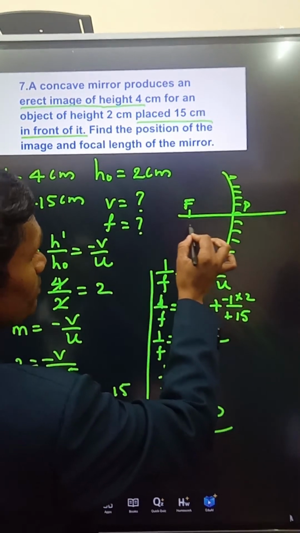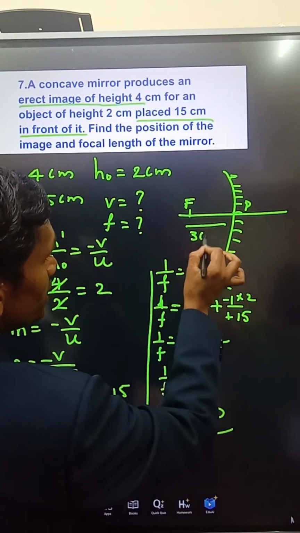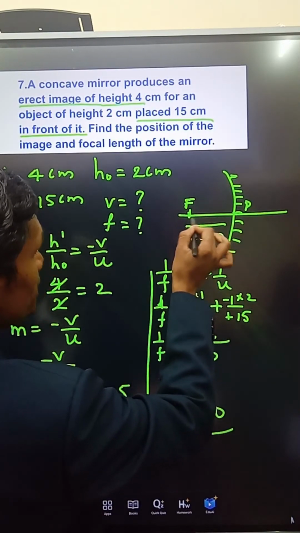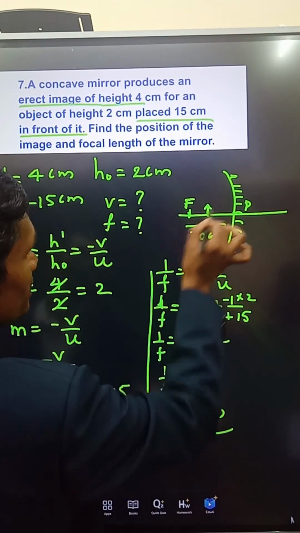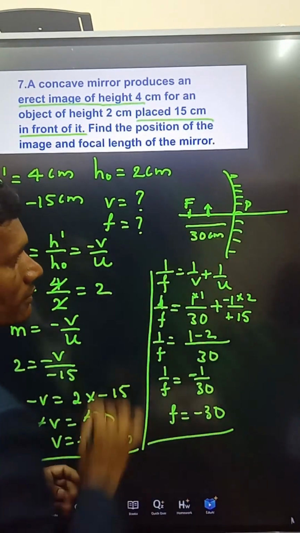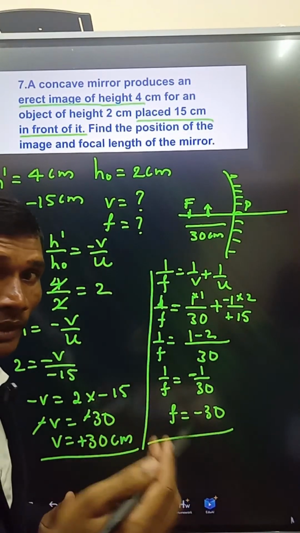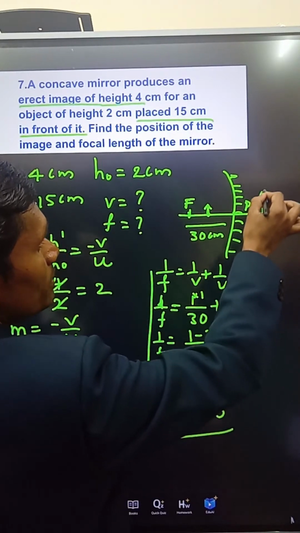If F is minus 30, look at this. This distance is total 30 centimeter. Object distance is what? 15. Here it is coming object distance, right? Means what? Object is placed between F and P. That is why we are getting a virtual and erect image.